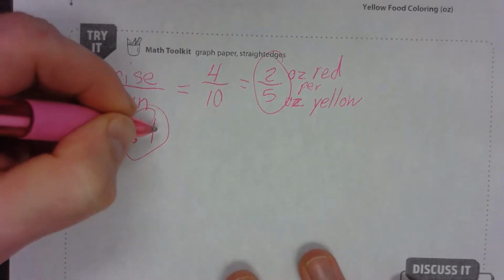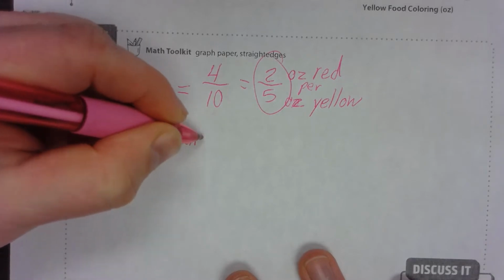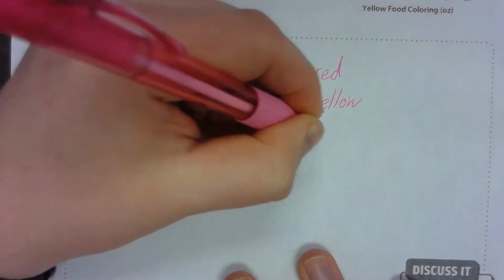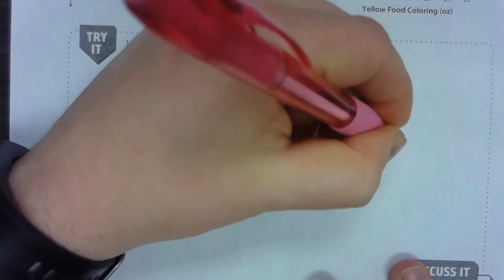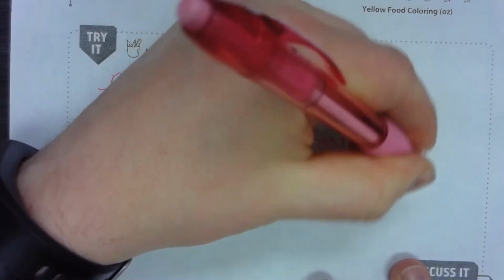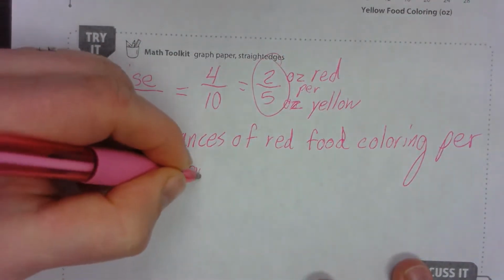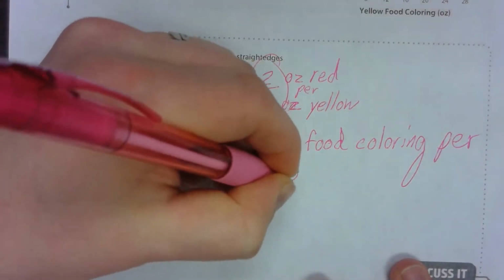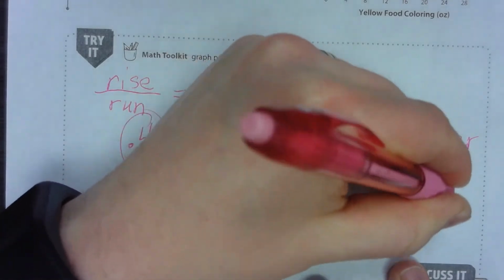We need 0.4 ounces of red food coloring per 1 ounce of yellow food coloring.